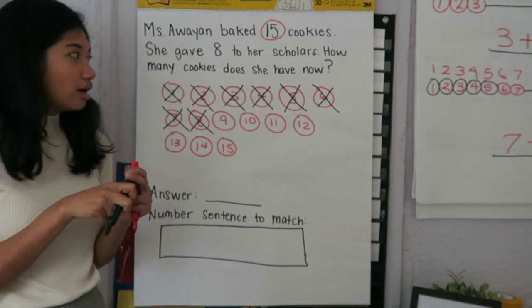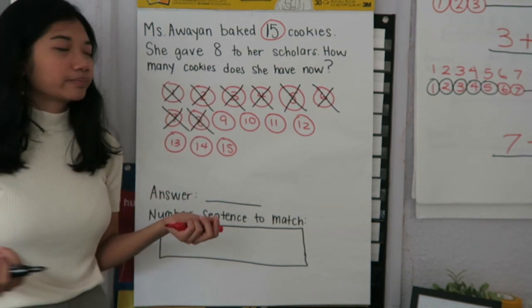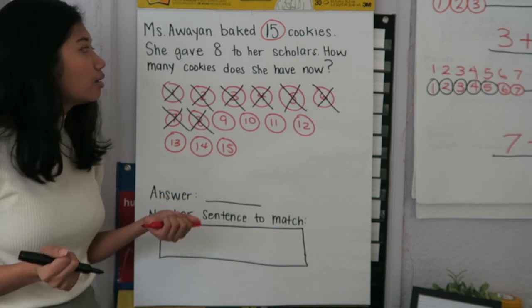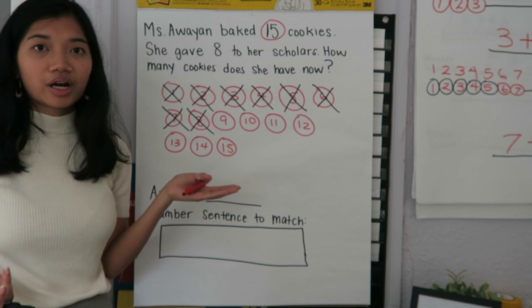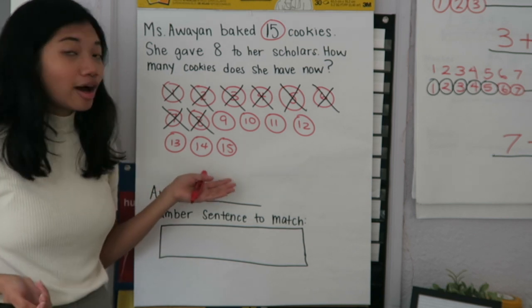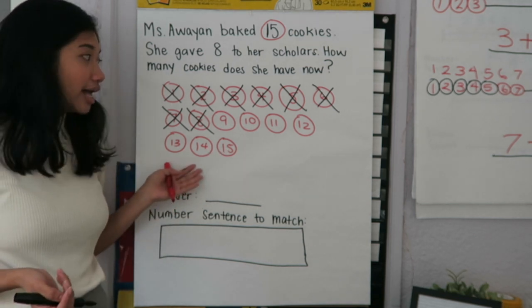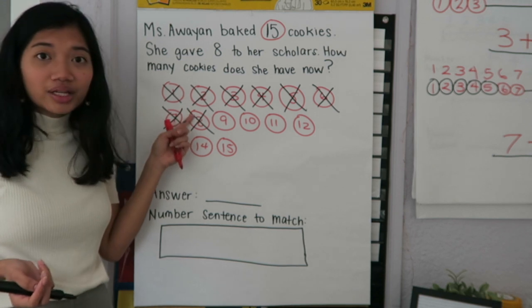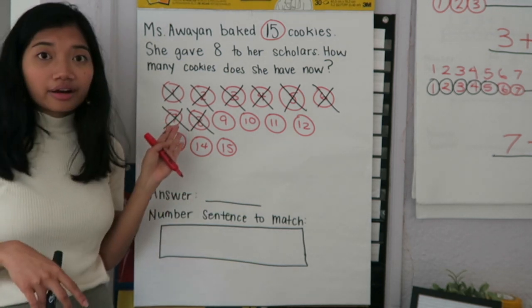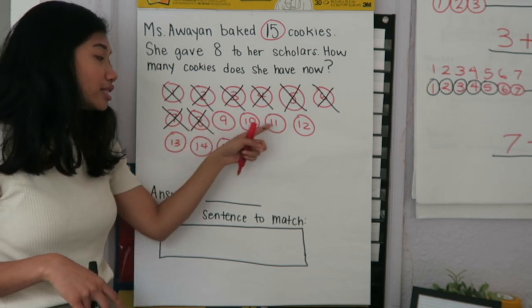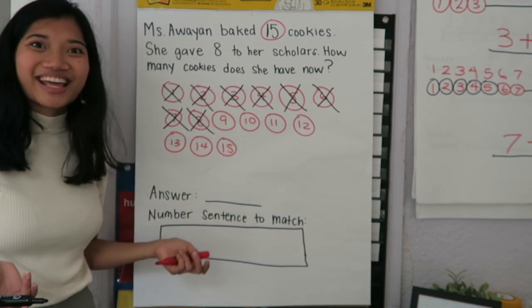Now, what do I want to know? I want to know how many cookies I have now. So what do I need to count on my paper? I need to count the rest of my cookies that I still have. Am I going to count the ones that I crossed off? No, they're no longer there. So let's count it together.